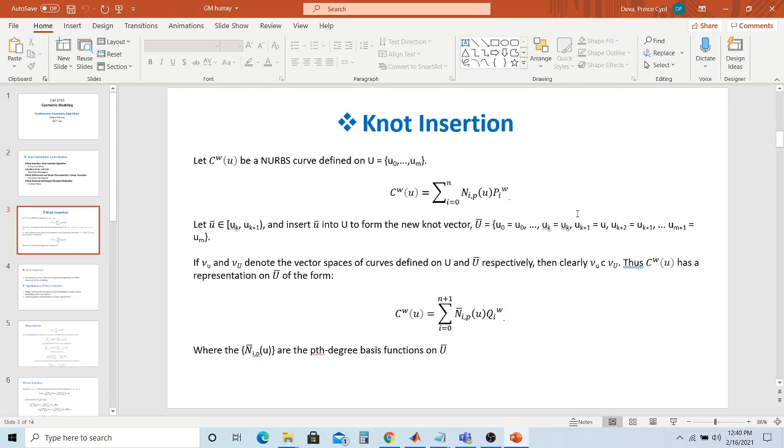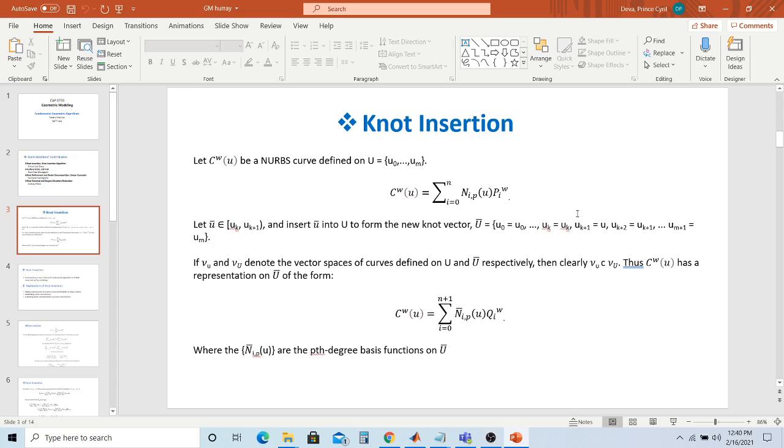Knot insertion. Let C^w(u) be a NURBS curve defined on U = {u_0, ..., u_m}, a non-decreasing sequence of real numbers where the u_i are called knots and U is called the knot vector.